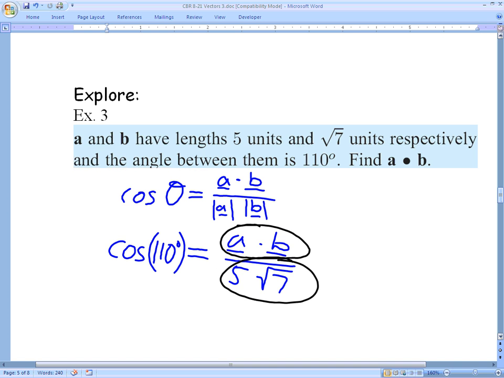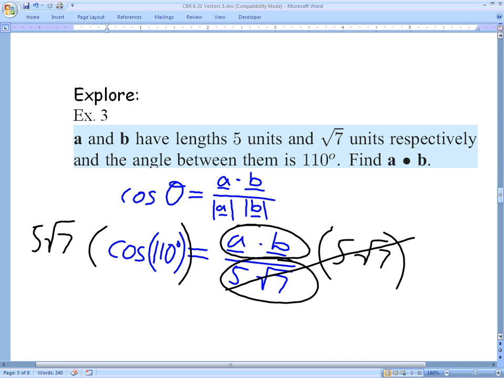It's being divided, so let's multiply 5 square root of 7 to both sides, which will cancel out here. So then A dot B is equal to all of this stuff, which we can just throw straight into the calculator.